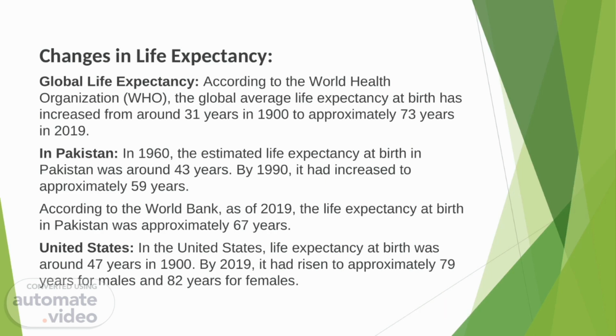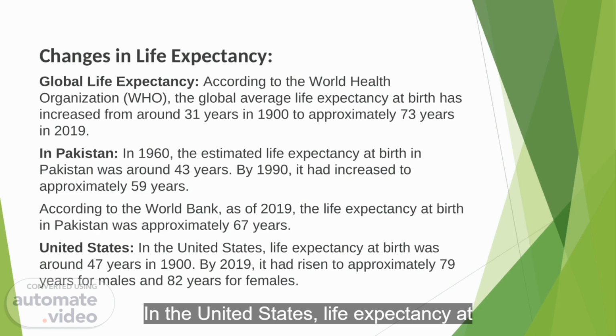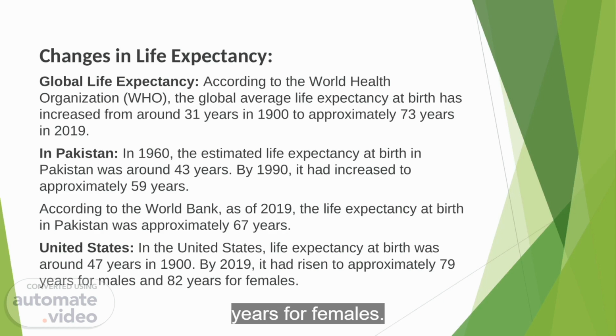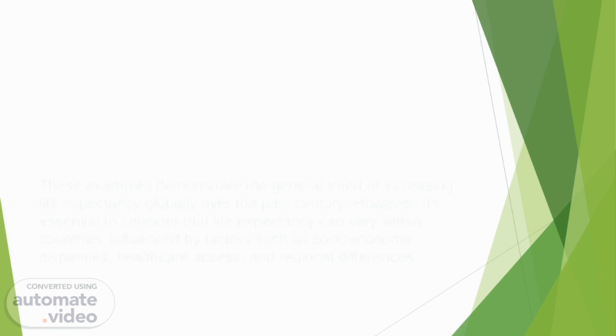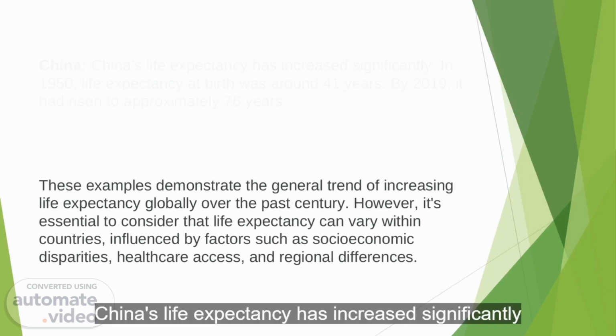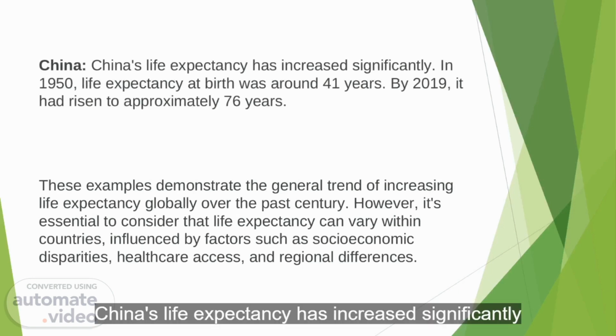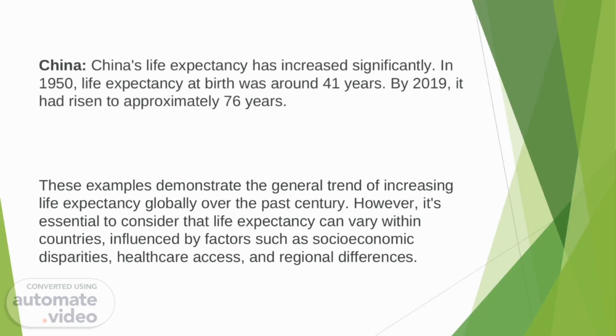United States. In the United States, life expectancy at birth was around 47 years in 1900. By 2019, it had risen to approximately 79 years for males and 82 years for females. China. China's life expectancy has increased significantly.